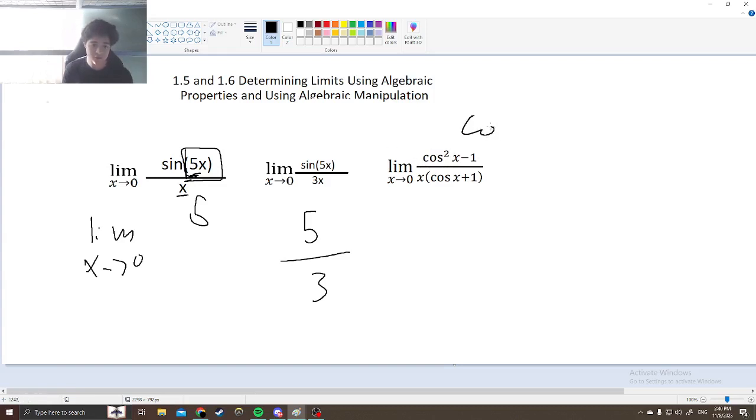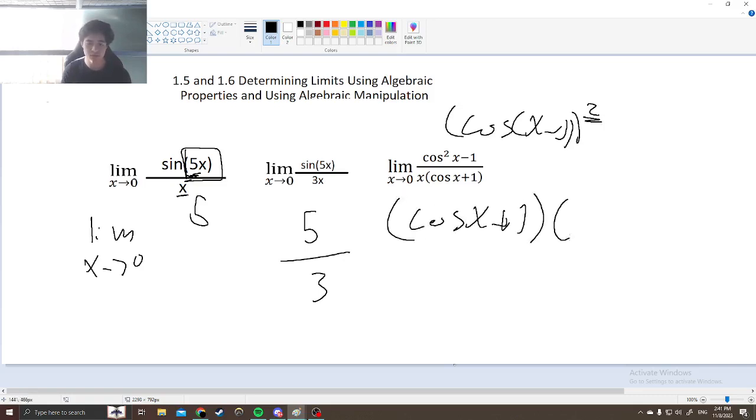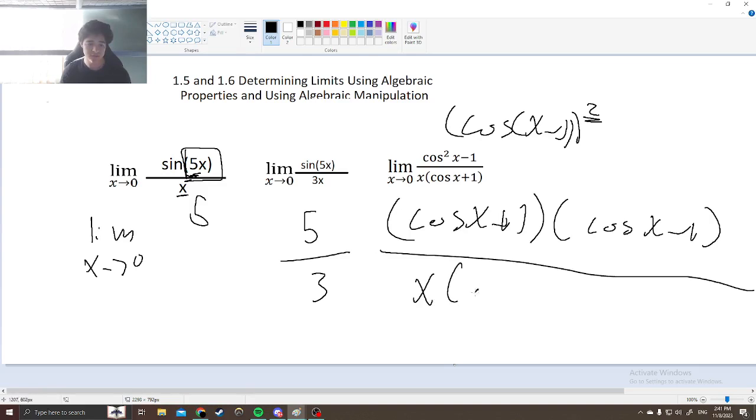So if you have cosine squared x minus 1, how could you factor this? You would have cosine x plus 1 times cosine x minus 1, over x times cosine x plus 1, because the top part factors to this and the bottom part stays the same.